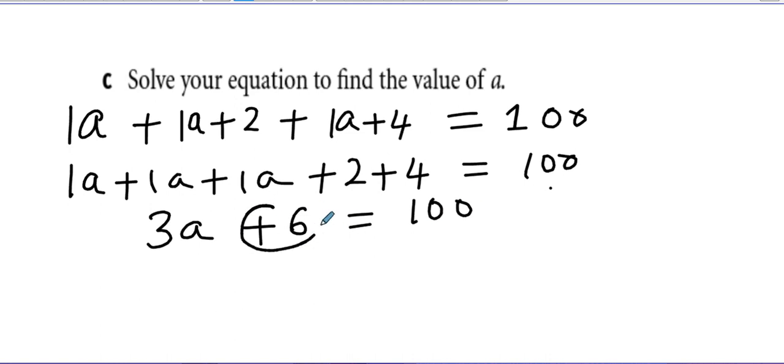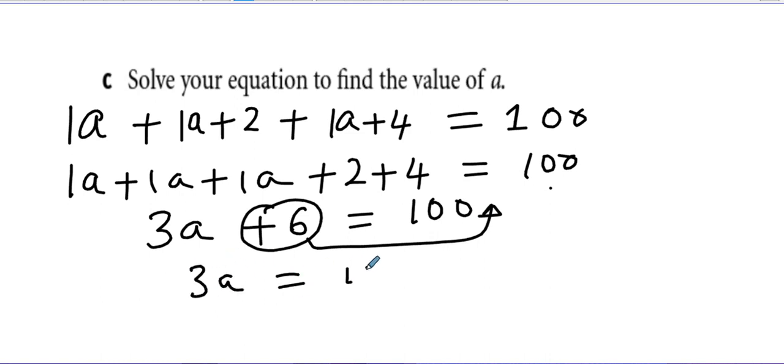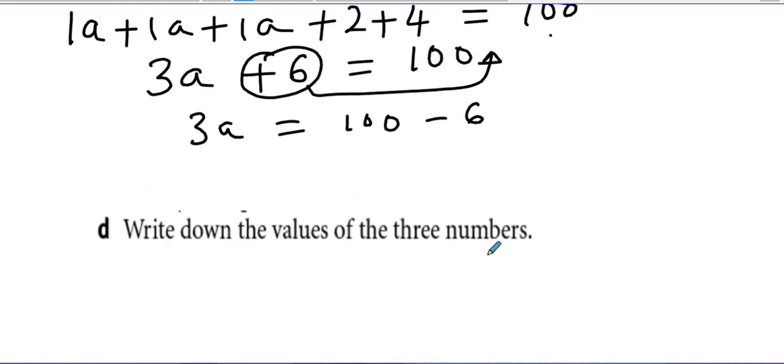Then take this positive 6, shift it to the right hand side. So this will be 3a equals 100 minus 6.